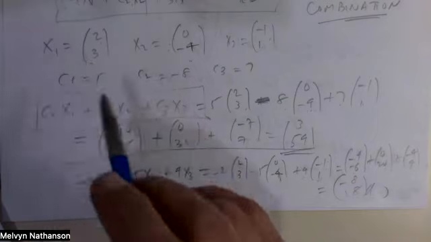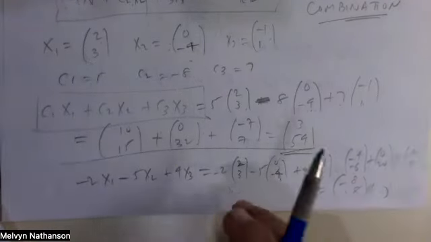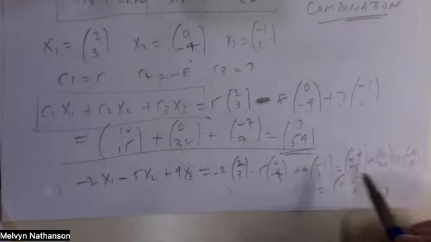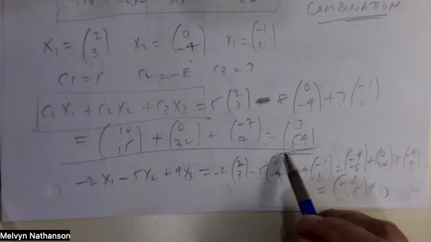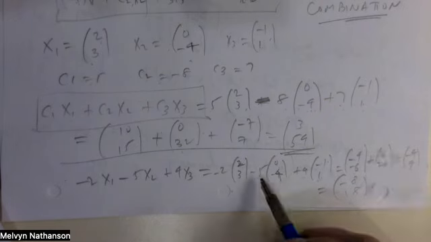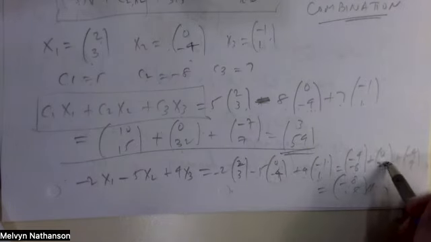And the first vector is (2, 3). No, this is minus 5 times (0, -4). If you multiply this vector by minus 5, minus 5 times 0 is 0. Minus 5 times minus 4 is plus 20.